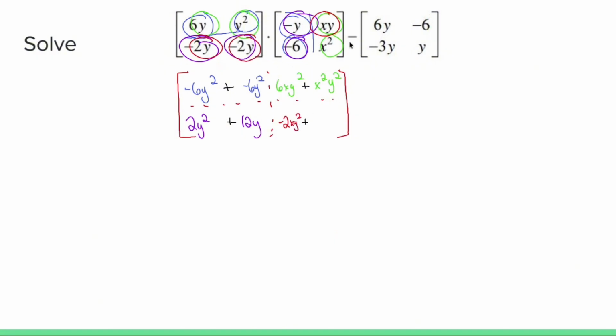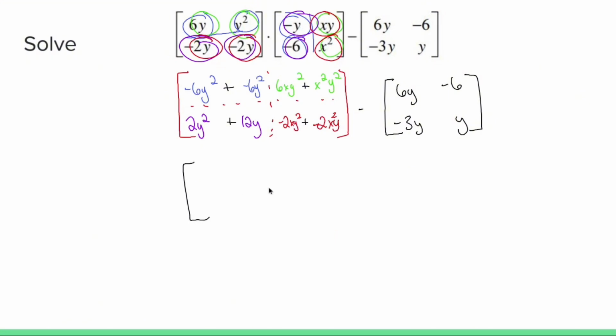And then negative 2y times x squared is going to be negative 2x squared y. Ooh, that was a close one. Now, we're still going to subtract u once we get there, but we're not there yet because we have some simplifying that we can take care of right now.